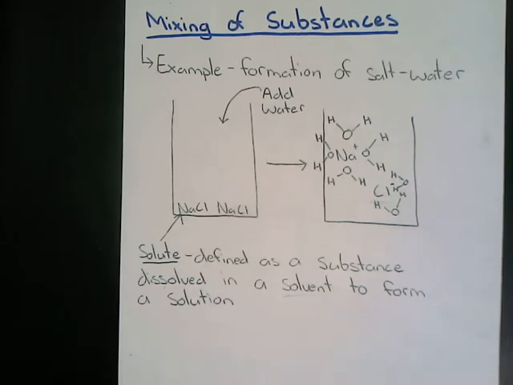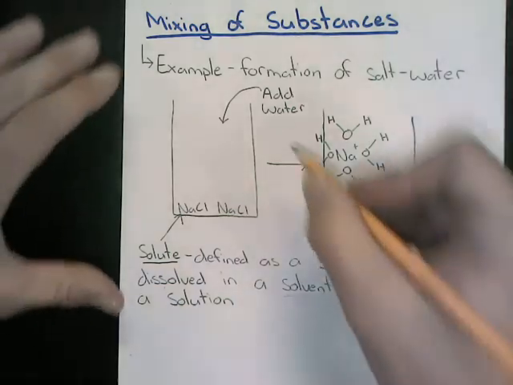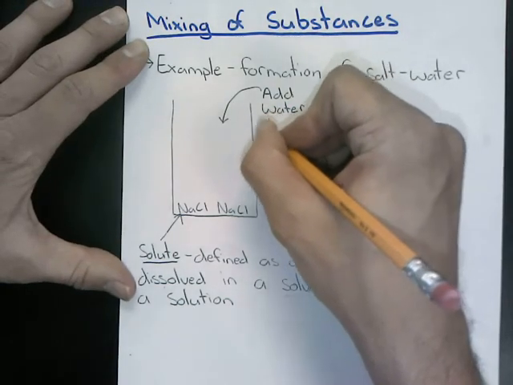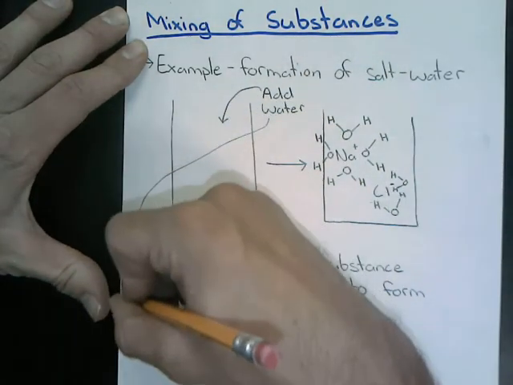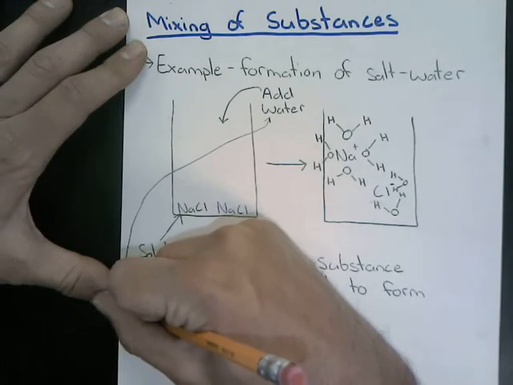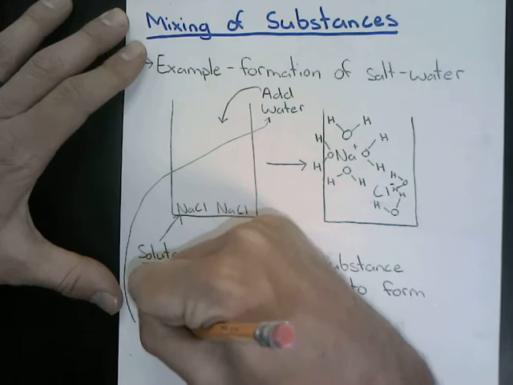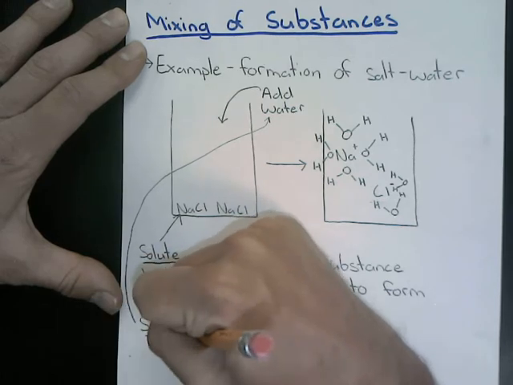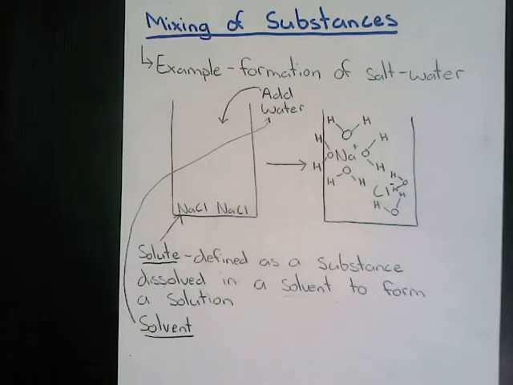So our water in this case, I'm going to draw an arrow here. Our water in this case is then going to be our solvent. And now our solvent is defined as the dissolving medium of a solution.